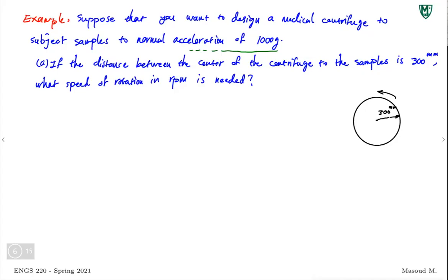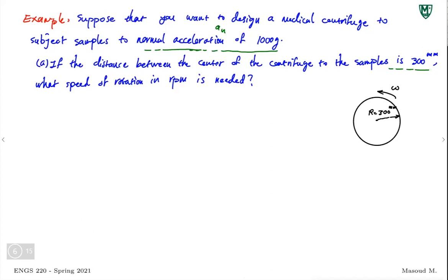Now we want to find this omega. As usual, we start from where we are given the most information. We know the normal acceleration, AN, given right there. And we also know this 300, which we can refer to as R.